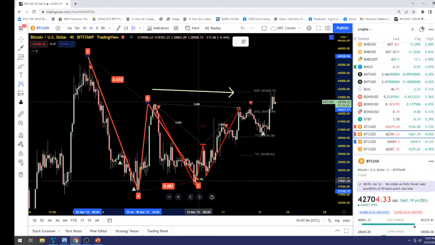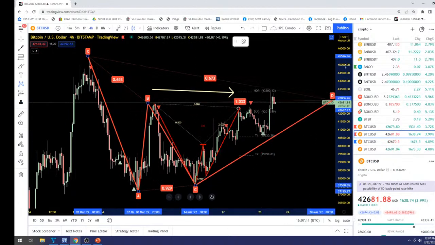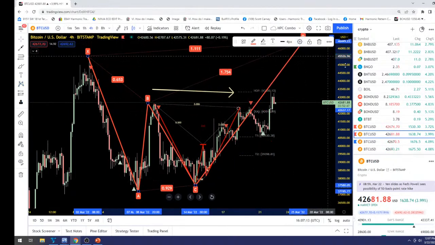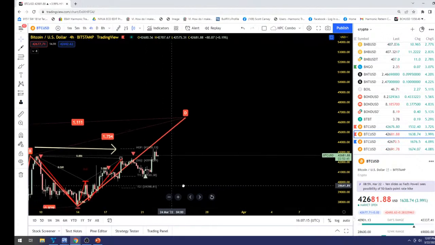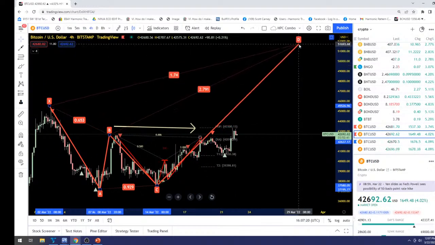And if it's flawed, and if it's not a Gartley, and it does break out, well, these are crab formations. Crab formations go to a 1618. Take a little bit more time, of course.